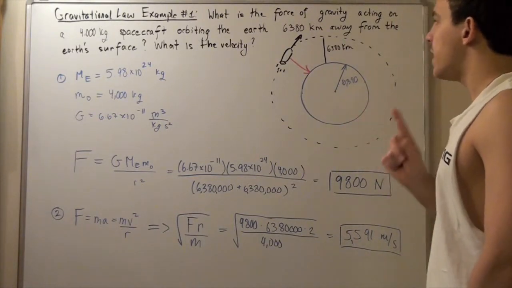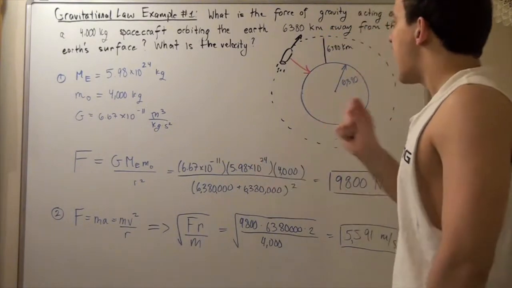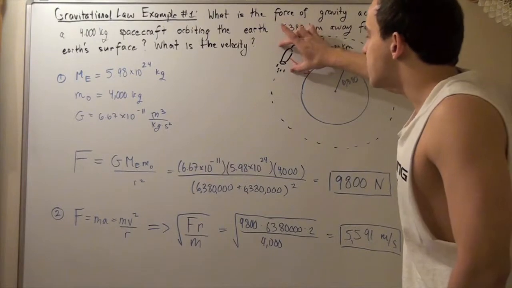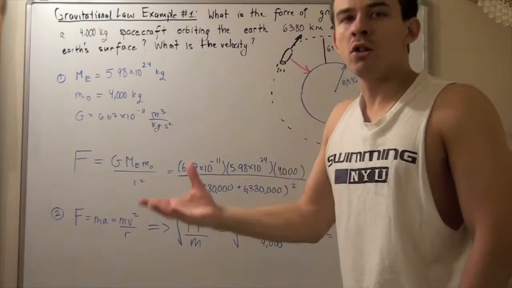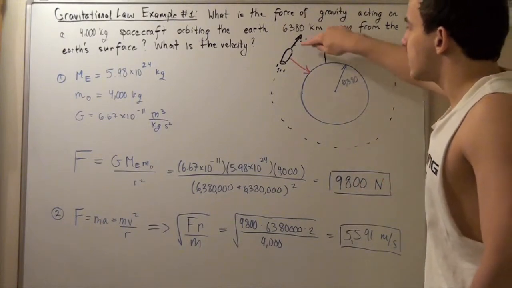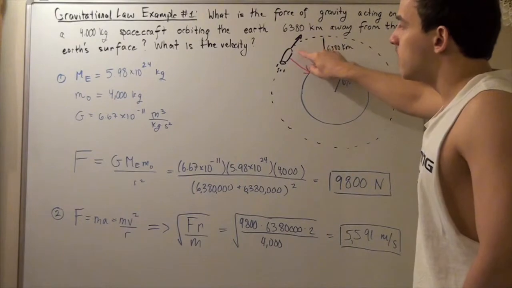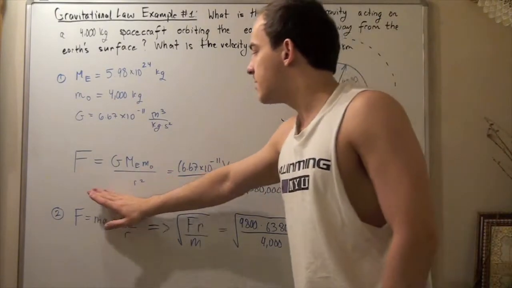Now, we're also making the assumption that this spacecraft is a point in space. And that's because the mass of the spacecraft is much smaller than the mass of the Earth. And that's why we can make the assumption that this is simply a point in space. And that will become important in solving this equation.